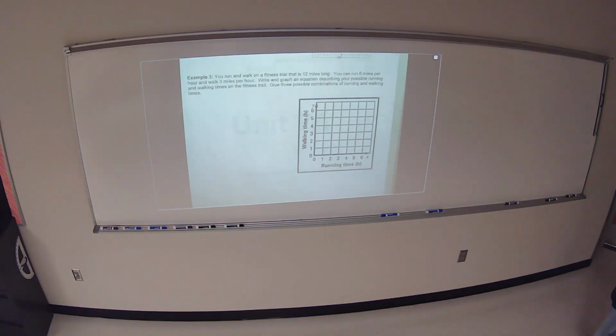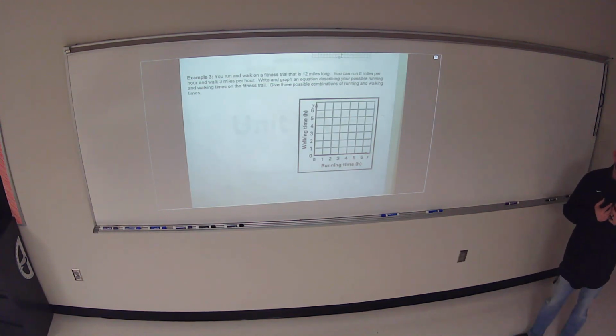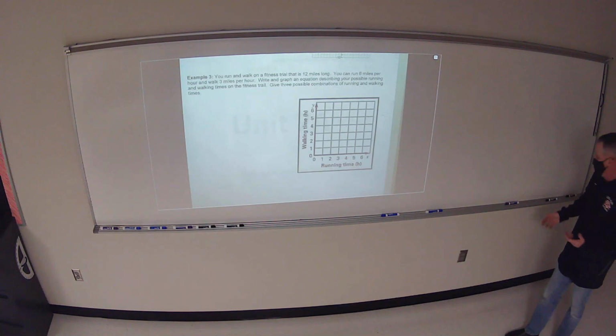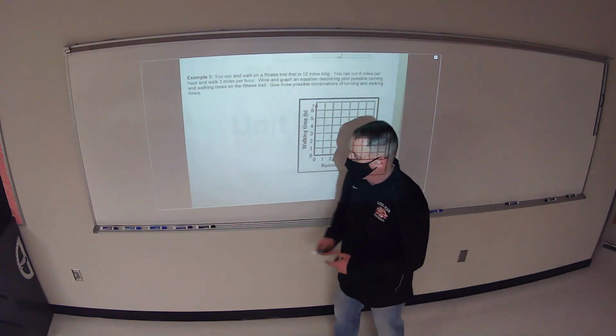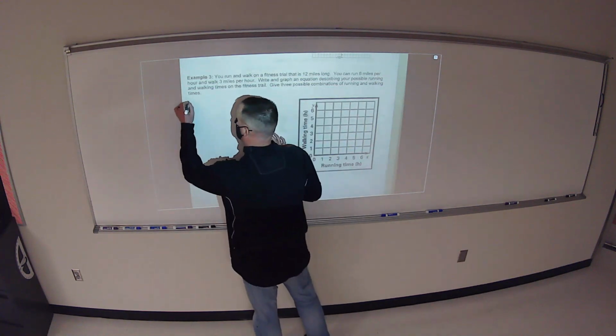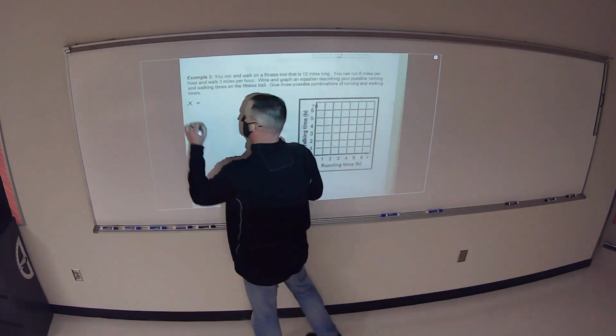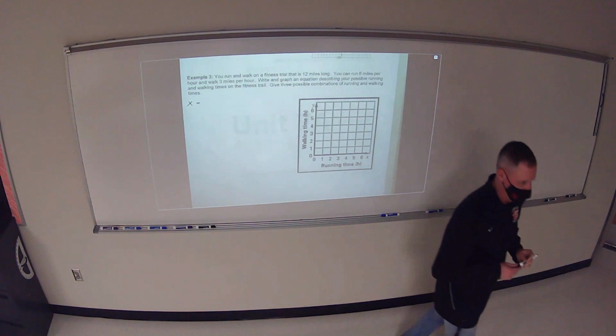So when I go to write my equation, I'm going to use x and y, but we're going to be specific about what these represent. So here's what I want you to do. This is not something optional that Mr. Tompkins is just saying, I suggest you do this. You need to do this. Okay? So if we're going to write an equation, we need to tell everyone what x is representing.